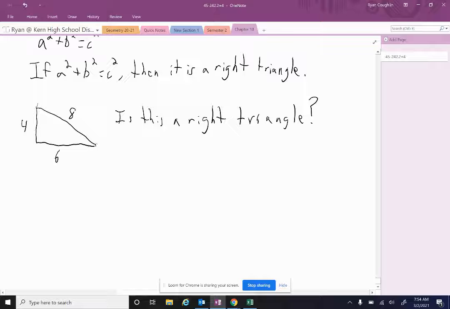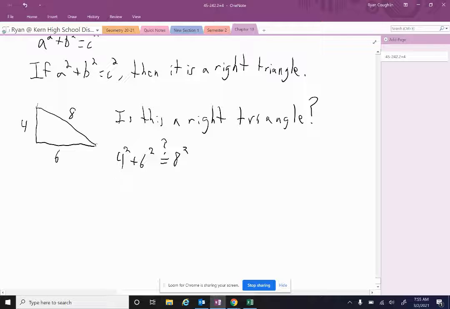Okay, so it's going to be like a yes or no answer, right? So we're going to check by using a squared plus b squared equals c squared. So let's try 4 squared plus 6 squared equals 8 squared. And we're trying to figure out if this is true, okay? Are those two sides of that equation equal?